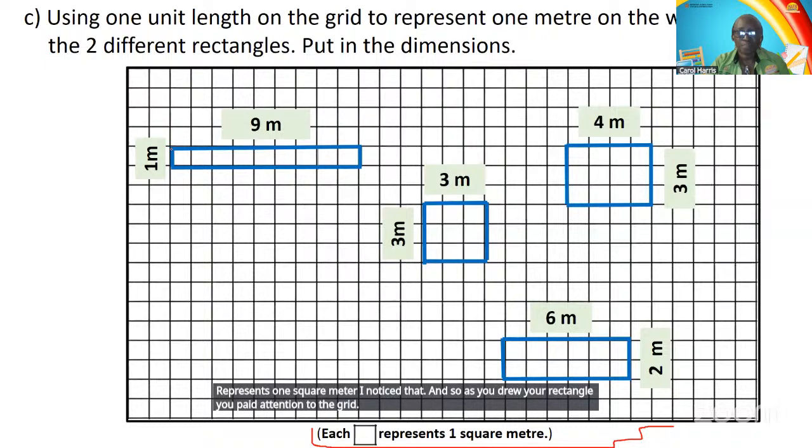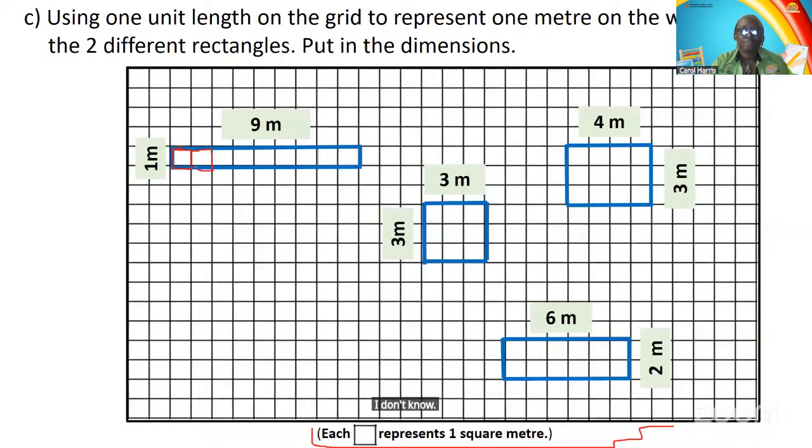For the 1 meter, just 1 square going this way, and then for the 9, you counted your 9 squares. So that would be your 1 meter, this is your next 1 meter square going along, and you did 9 of these, which we want the children to pay attention to.